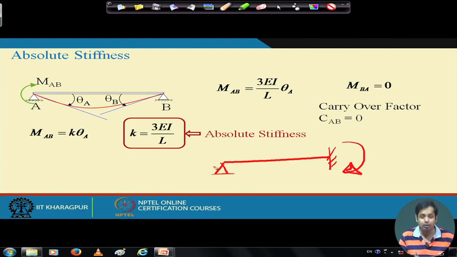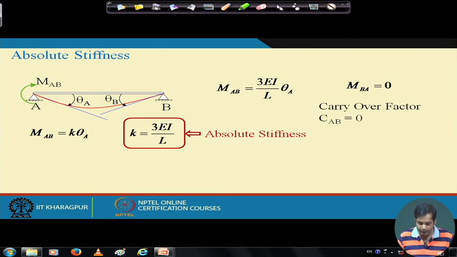This moment will not cause any induced moment at the fixed end, and therefore the carryover factor will be 0. Even though one end is a fixed support, the moment applied at the hinge will not induce a moment there, so the carryover factor will be 0.